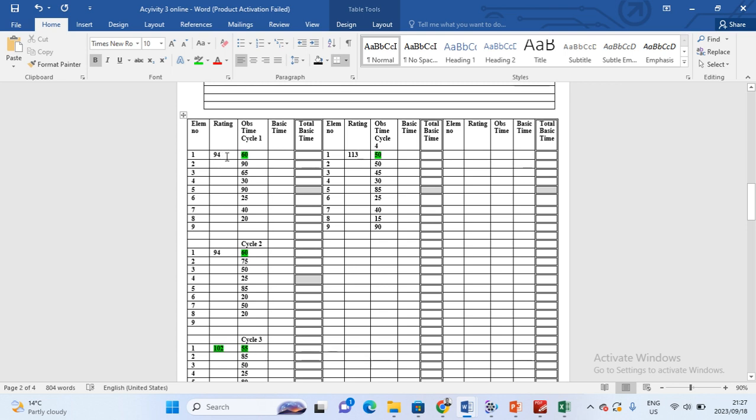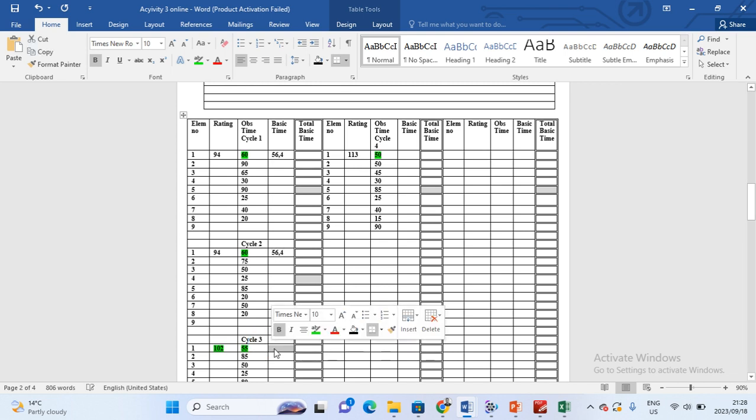Then you take this number, you multiply it, 94 multiply by 60 for you to get your basic time. 94 times 60, you divide the answer by 100, you should get 56.4. You do the same thing here, 94 should get the same answer, 56.4.